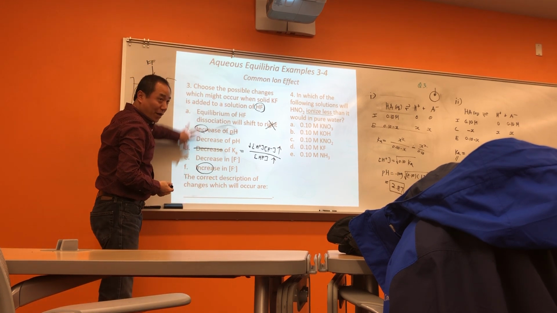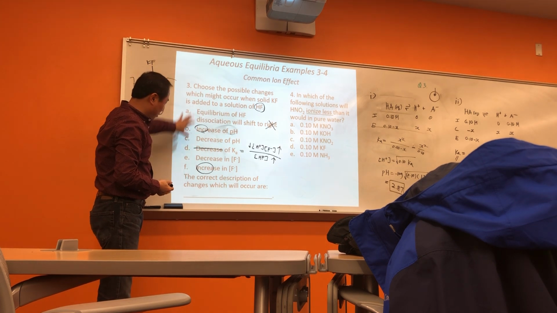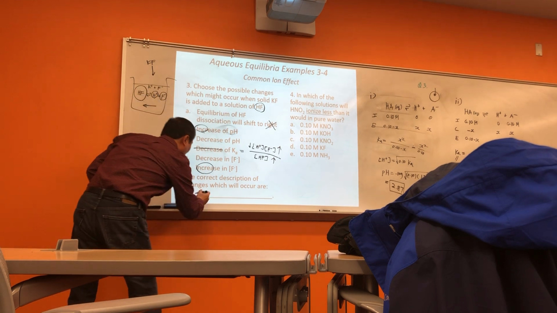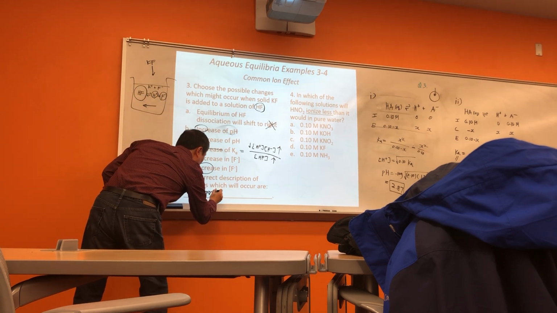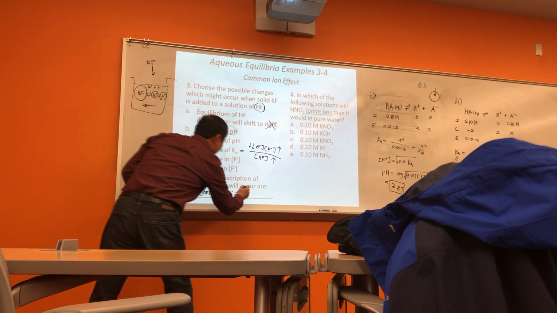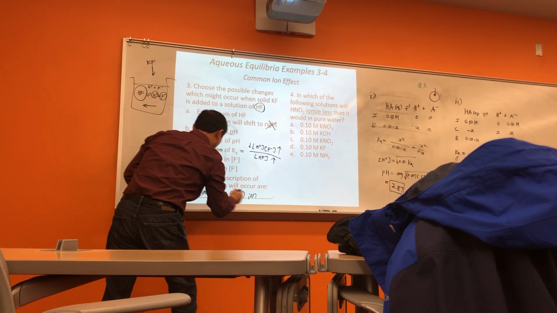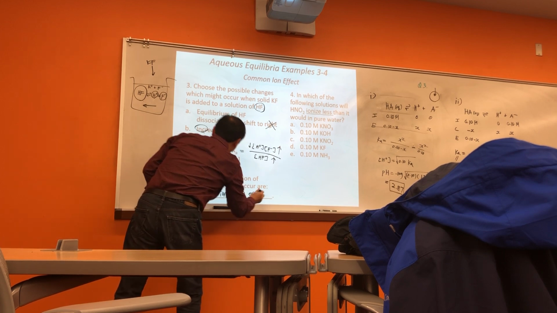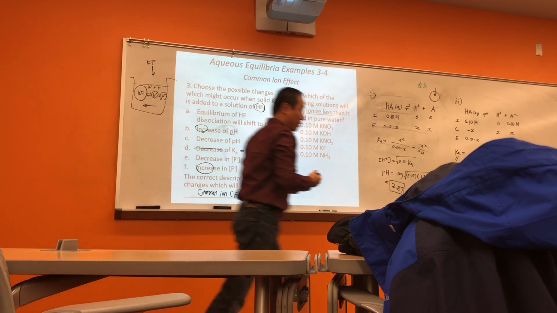All this effect is due to the common ion effect. So everything here we can say is common ion, in this case fluoride. This is all common ion effect. Everything that happened here is correct.